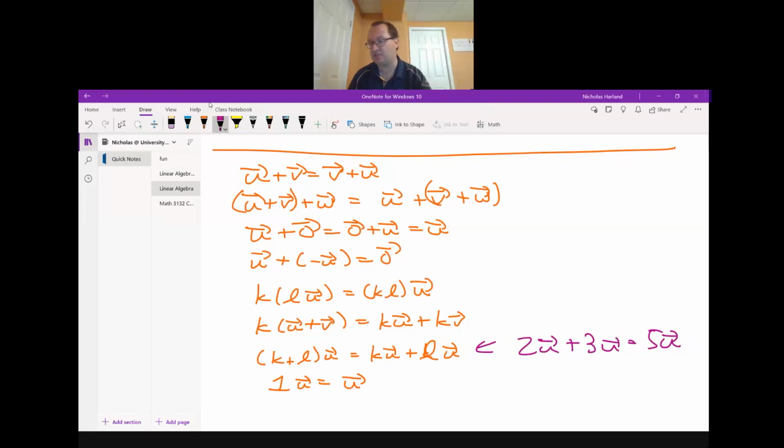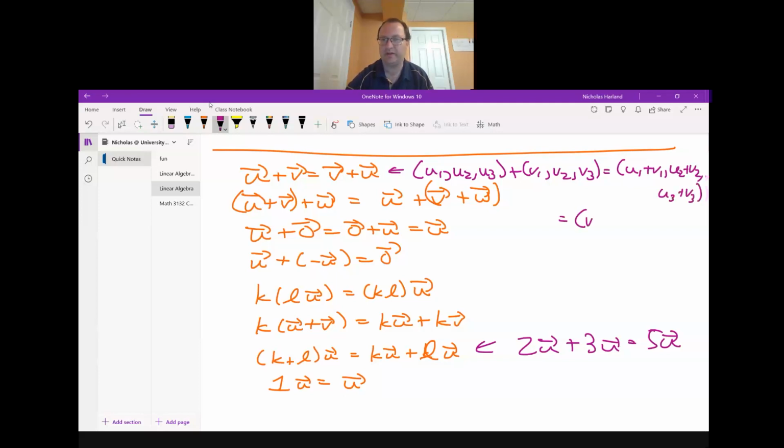And you can take the algebraic ways of doing things and use them together. For example, here, if we had u1, u2, u3 plus v1, v2, v3, we added them together, that's u1 plus v1, u2 plus v2, u3 plus v3, and we can change the order of addition because of course you can, it's addition.